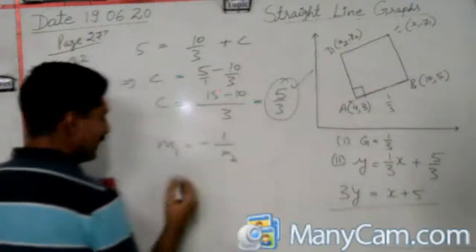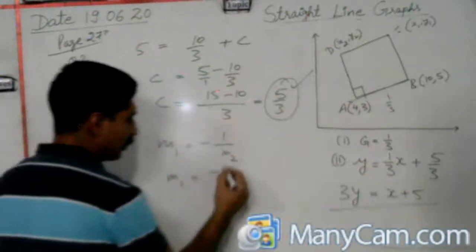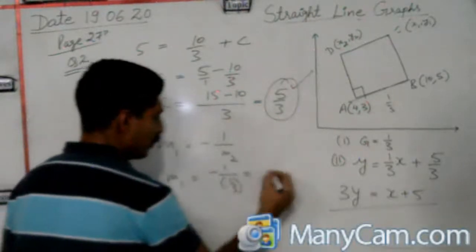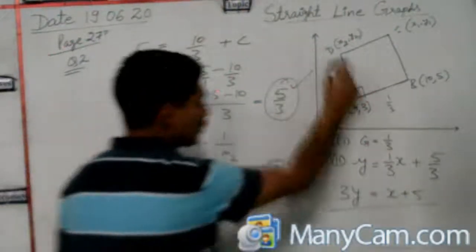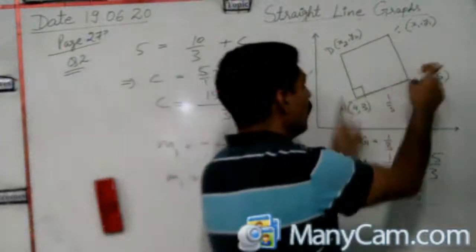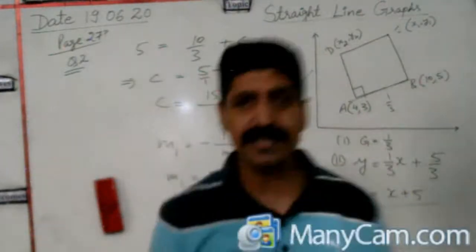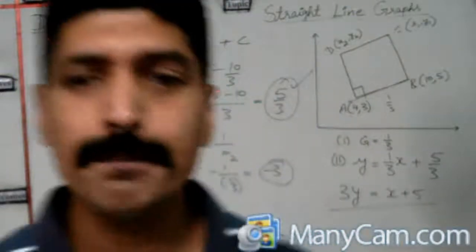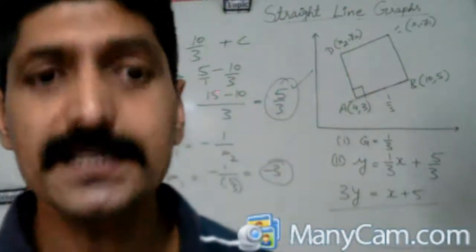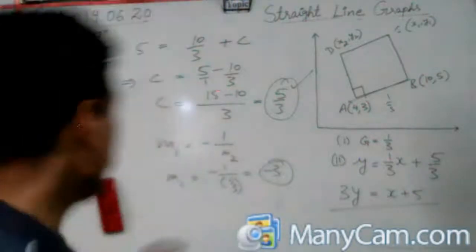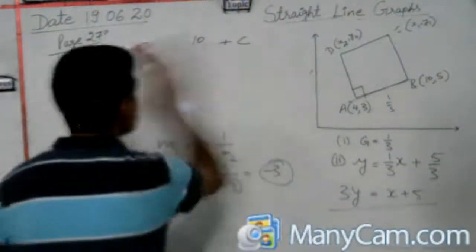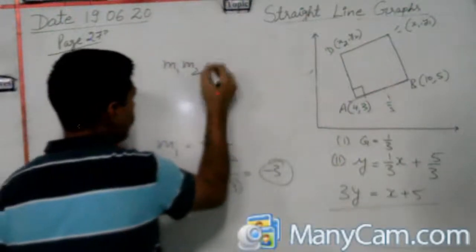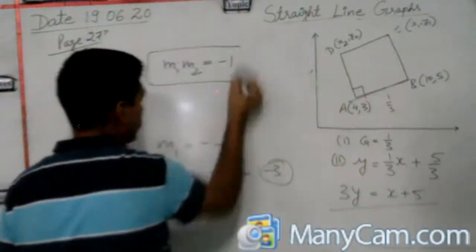So here m1 is 1 by 3, and m2 is equal to minus 3. So for these two lines, line BC and line AD, the slope is minus 3, and it is confirmed. We know m1 into m2 is always equal to minus 1.